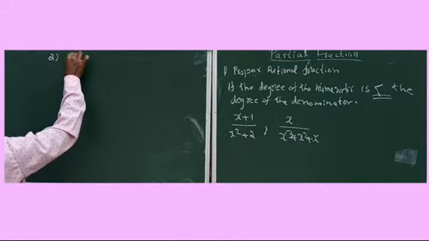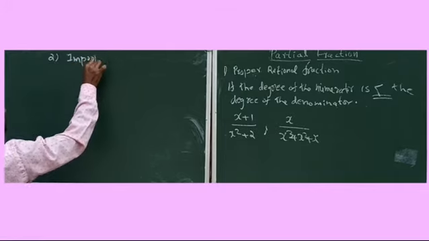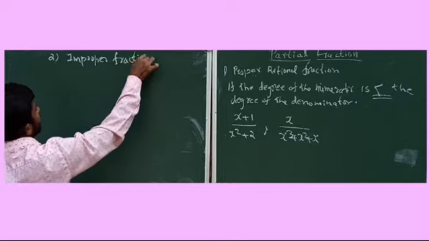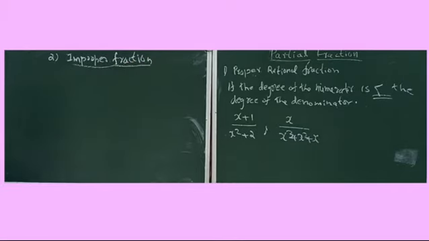Second type is improper fraction. Improper fraction means improper rational fraction.